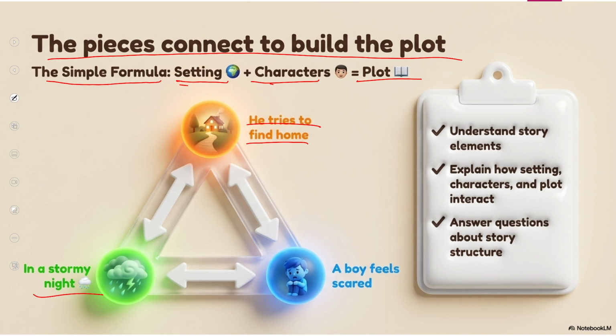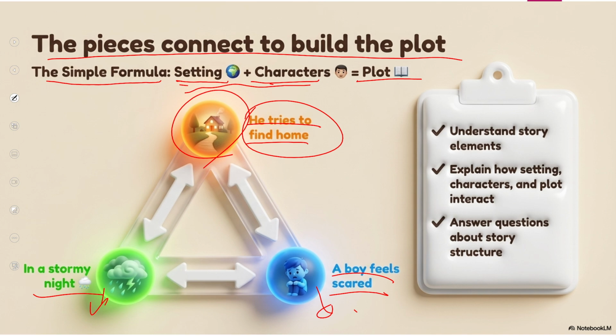In a stormy night, a boy feels scared and he tries to find a home. These are the interconnected things. Look at this. This is the setting, this is the character, and what plot can be automatically constructed by the action of the what? By the combination of the setting and characters.